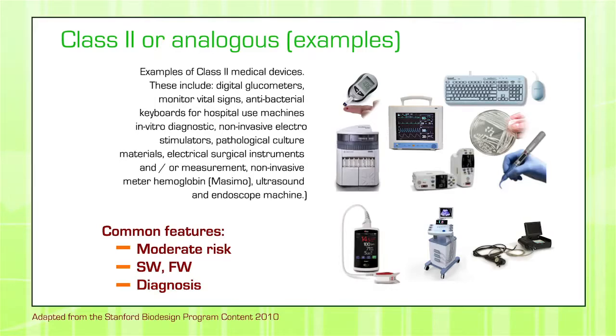We're going to explore those in a little bit more detail on further modules, but what you should know is that class 2 is a moderate risk classification in which, even though you may have devices that look fairly simple and unrisky, due to the uncertainty of materials used and how the manufacturing process is going to change those characteristics, the agencies sometimes choose to classify those as class 2 devices.